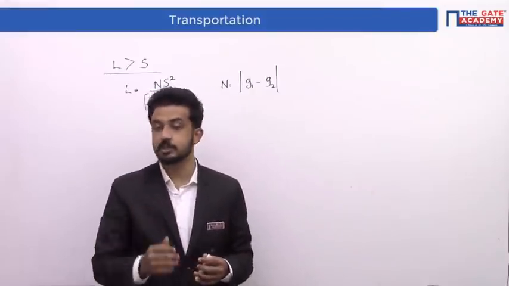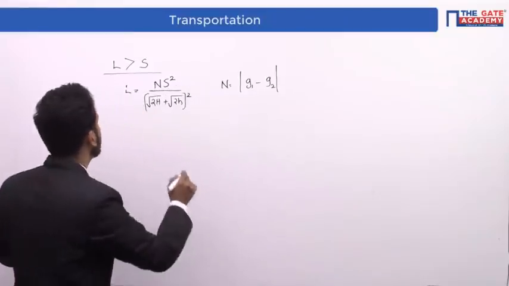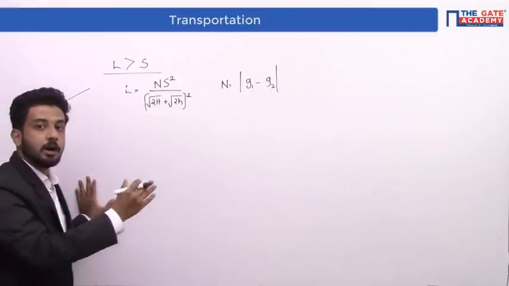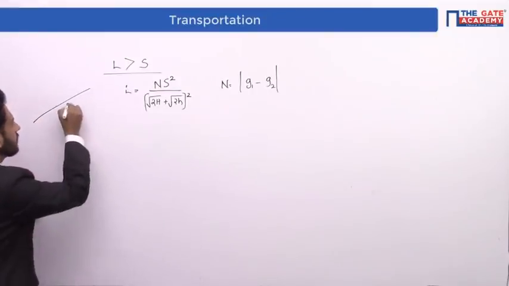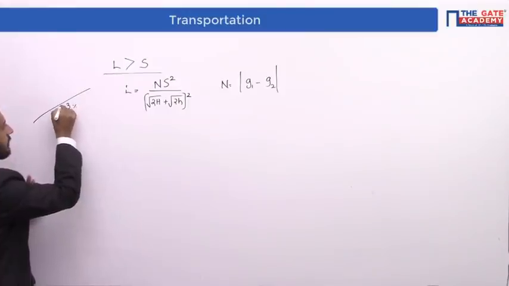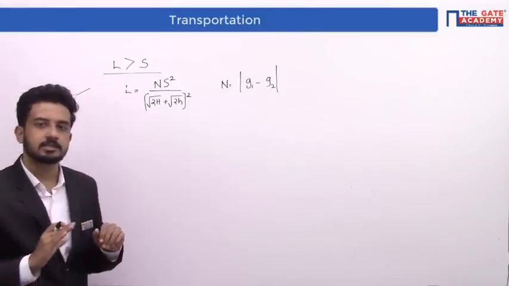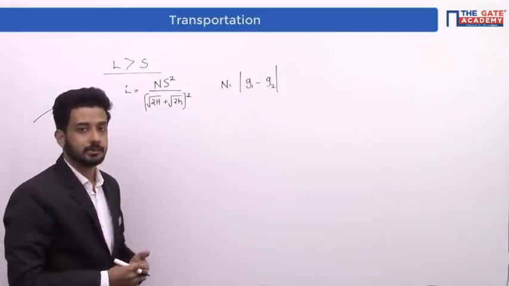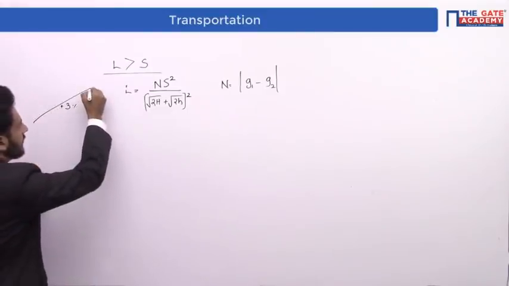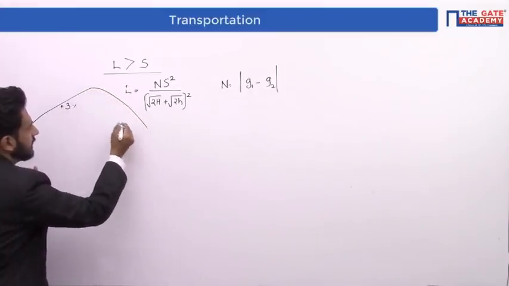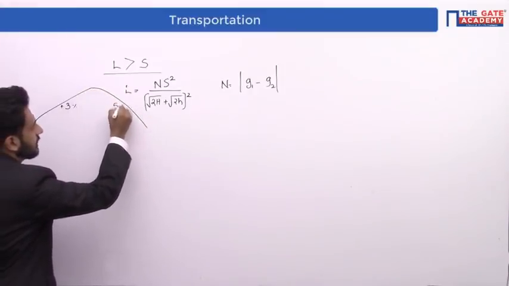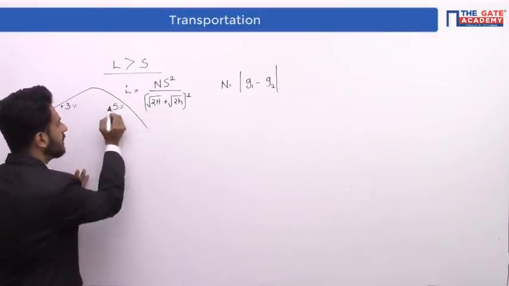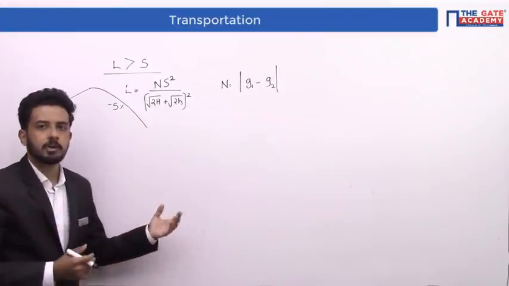Correct? Plus 3 means the gradient is upward, and the gradient is 3%. This plus indicates that it is an upward gradient, and it is meeting a minus 5% gradient, which means a gradient downward, and the gradient is 5%. Since it is downward, we are representing it as minus.